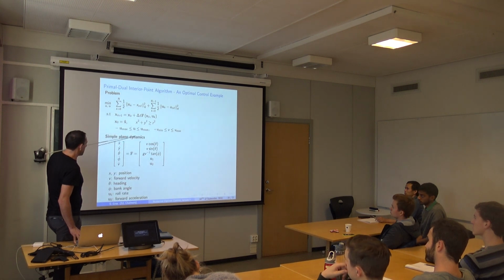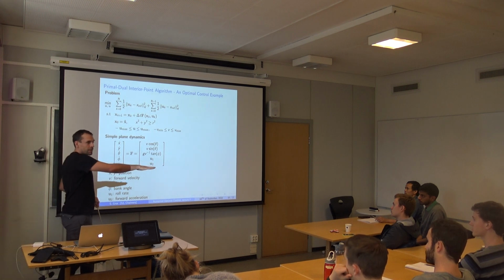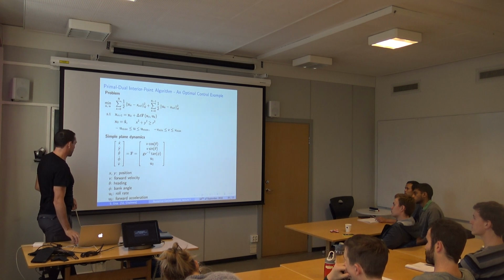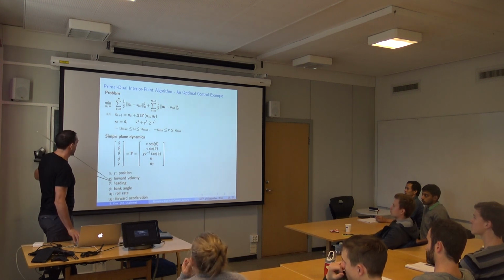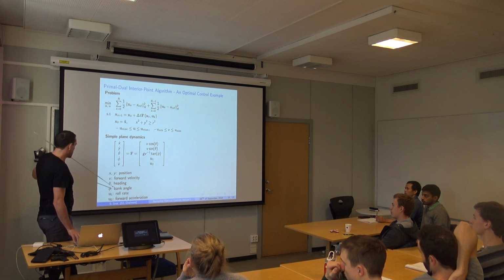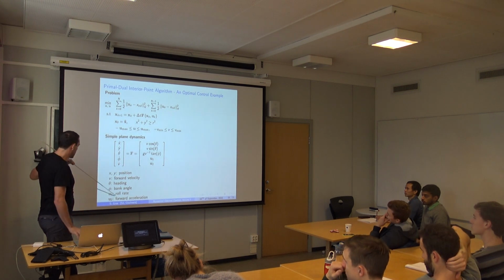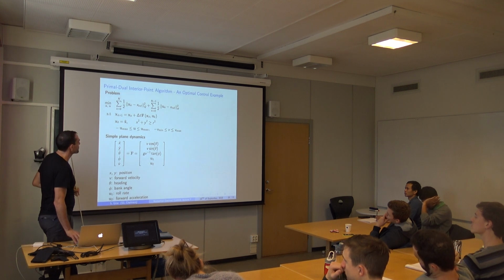So what I'm talking about here is a simple plane dynamic doing something like moving left and right. It's a very stupid system, but it's nonlinear and not completely trivial. So you would have x and y, that's the position of the plane, and the forward velocity that you can control. You have a heading that you fix by banking, and you have a roll rate and acceleration.